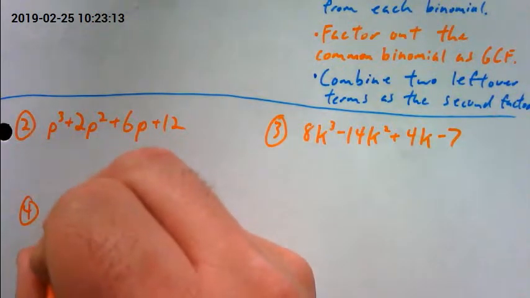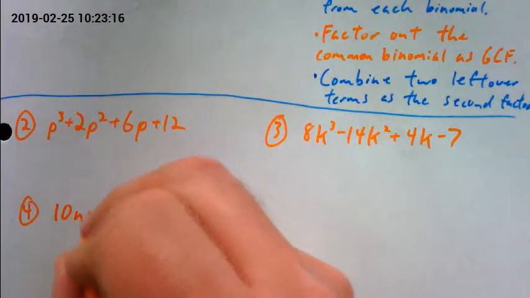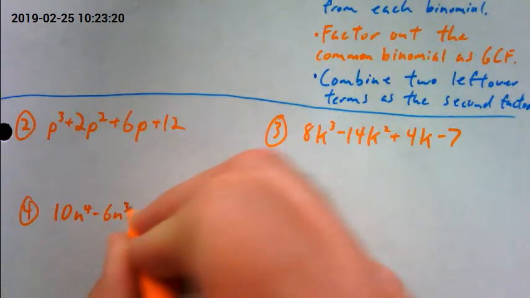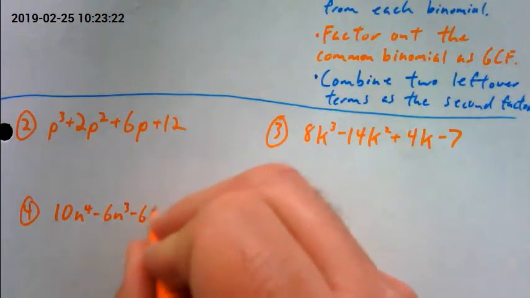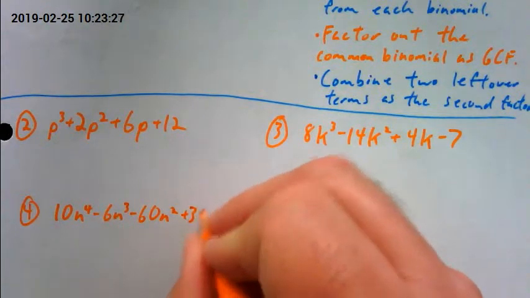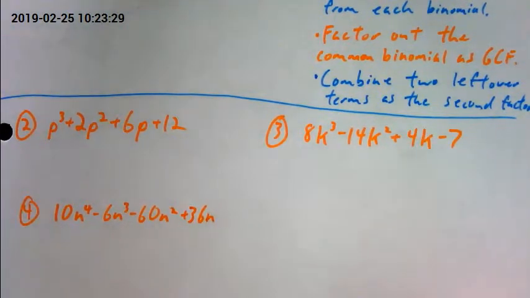And then for the last one here, 10n to the 4th minus 6n cubed minus 60n squared plus 36n.